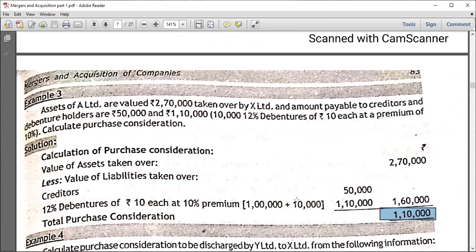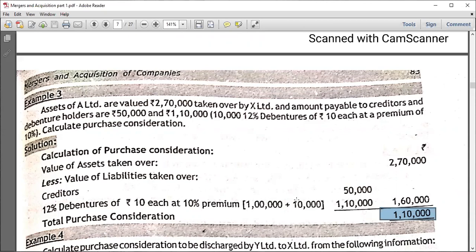Okay. And you might get confused about how to identify whether it's the lump sum method, net payment method or net asset method. When it comes to the lump sum method, they'll give you the purchase consideration directly. When it comes to net assets, they'll give you assets and liabilities information, assets taken over or liabilities taken over information, and also the mode of payment, but with insufficient information.